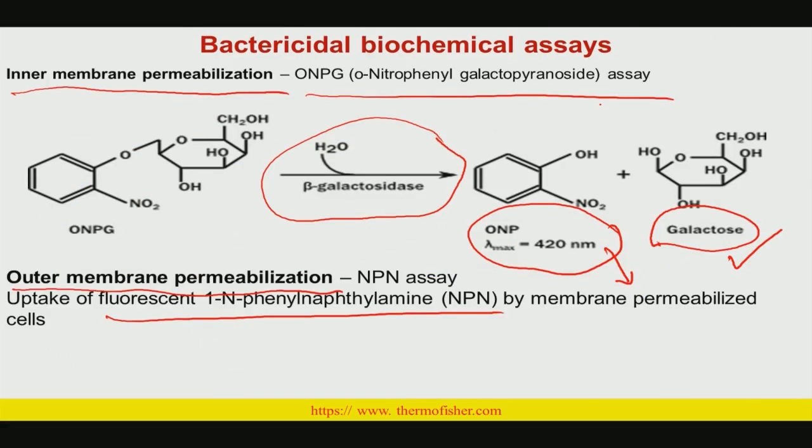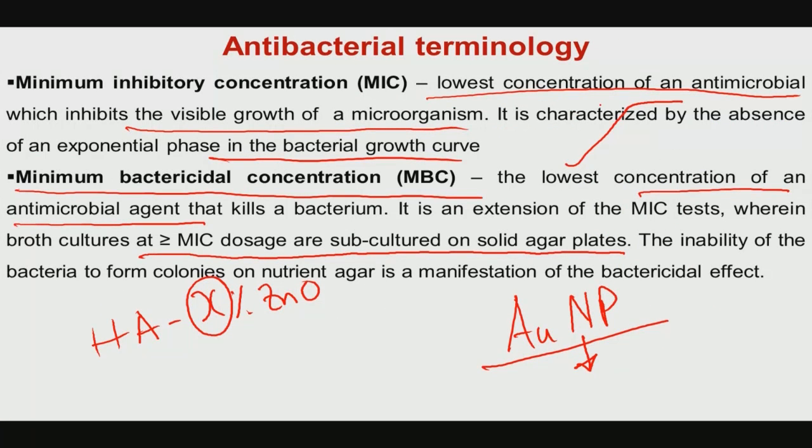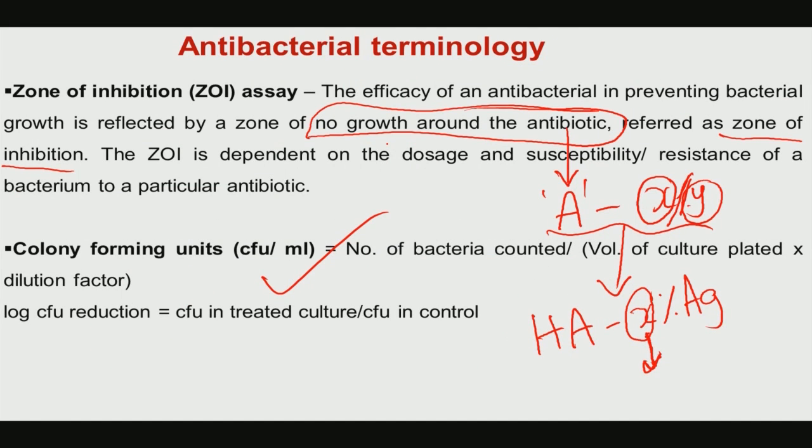So, to summarize what I have taught you so far, you have to quantify MIC, MBC, that is minimum inhibitory concentration, minimum bactericidal concentration, zone of inhibition, and colony forming unit, which will give you the quantitative aspect of the antibacterial ability of any material. These parameters were defined in the context of antibiotics, but now they have been defined in the context of antibacterial materials.